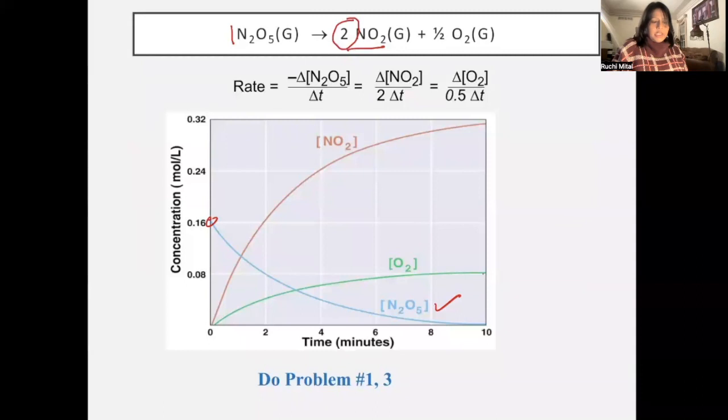So we can calculate this using the coefficient: 1/2 the change in concentration of NO2 over time. Try problems number 1 and 2 to see how you can calculate the rate based on the information given to you. Pause the video and solve some problems.